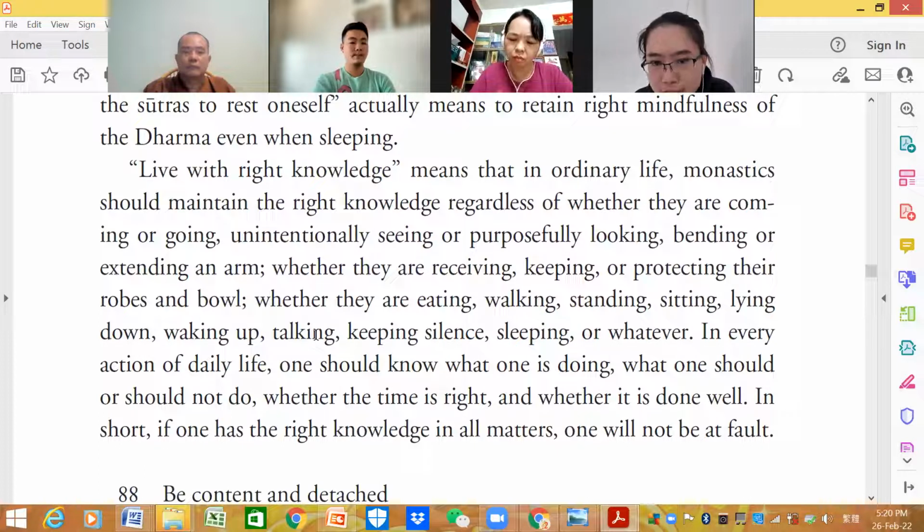In every action of daily life, one should know what one is doing, what one should or should not do, whether the time is right, whether it is done well. In short, if one has right knowledge in all matters, one will not be at fault.